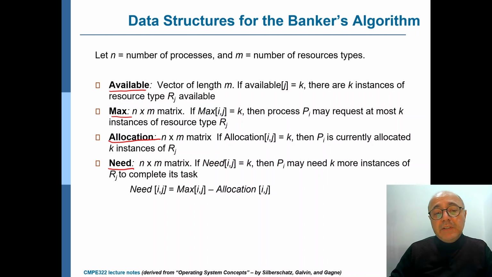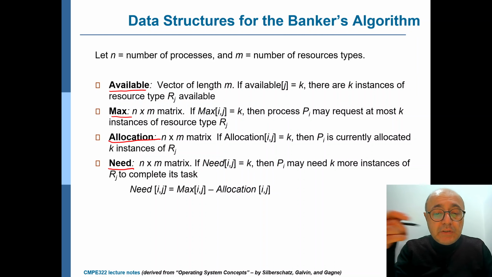Max matrix is an n by m matrix that shows at any point in time during the execution of the software system, process n can make a request for at most k instances for resource type r sub j.